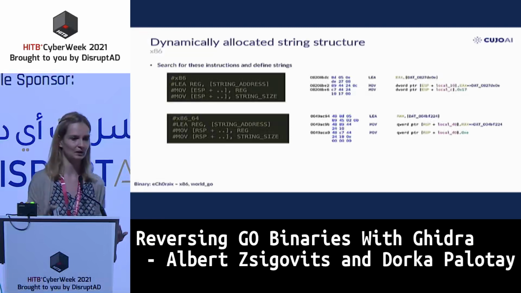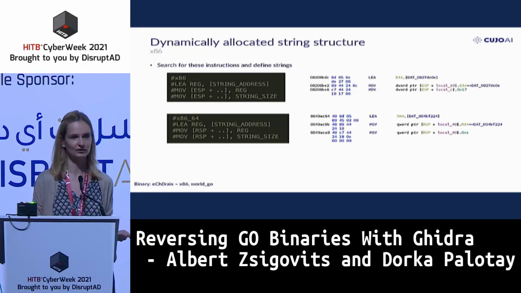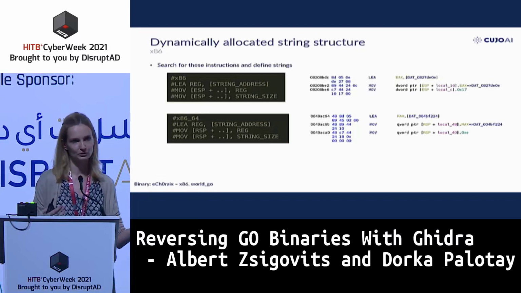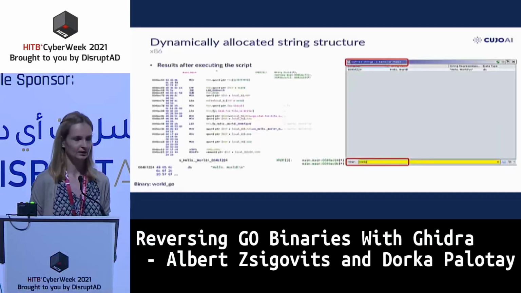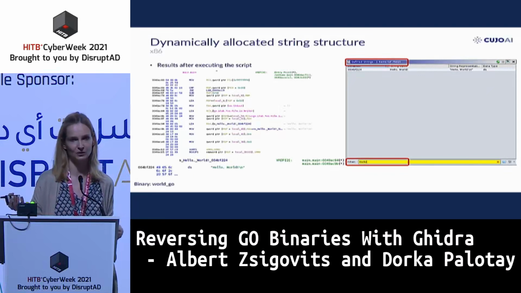Here our script looks for these specific instruction sequences. For example, first the string address is moved into a register and then placed onto the stack, and then the string size is placed onto the stack. It's almost the same for 32-bit and 64-bit. After we execute the script, the hello world string will be defined by Ghidra, so you will be able to find it among the defined strings window.